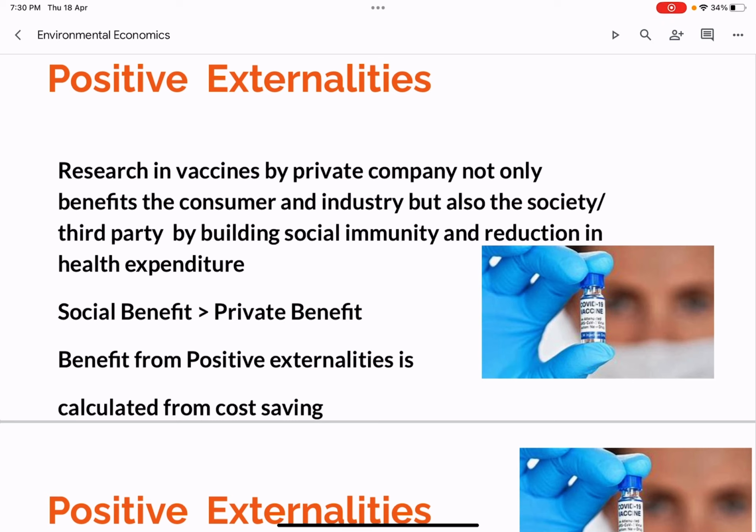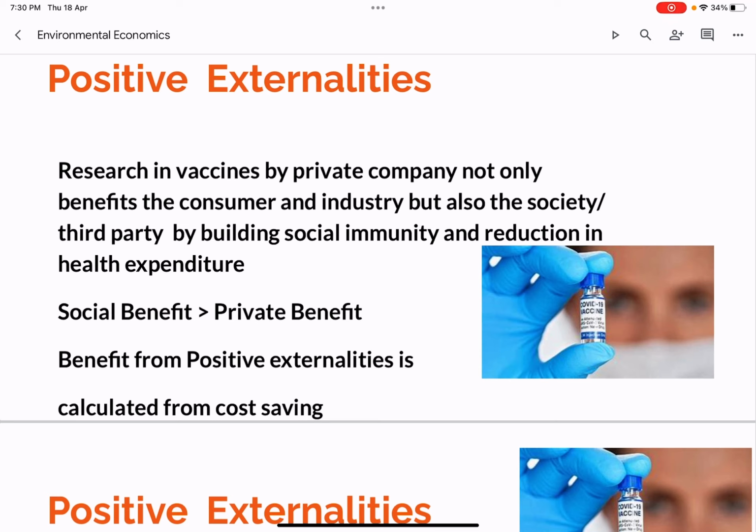But considering that vaccination also has a spillover effect, it is also going to affect the people who are not vaccinated, and their healthcare costs would come down. We generally say that there is additional benefit over the private benefit. That additional benefit, if you add to the private benefit, becomes the social benefit, right?